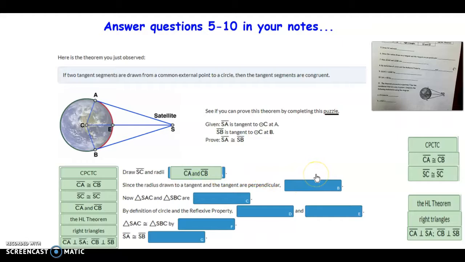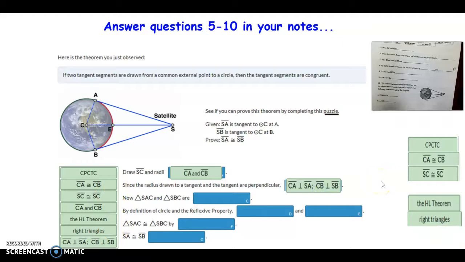It says, since a radius drawn to a tangent always creates a perpendicular relationship, we're going to name here what those perpendicular segments are. So the radius CA would be perpendicular to the tangent SA, and the radius CB would be perpendicular to the tangent SB. And so here is the statement that says that.